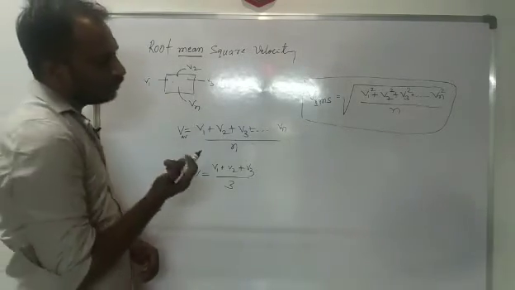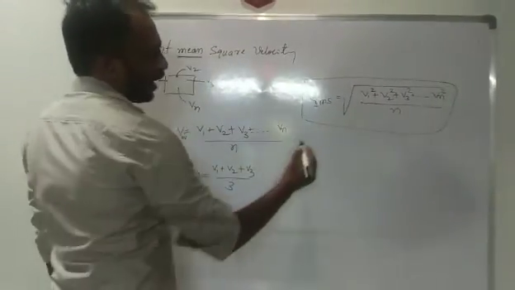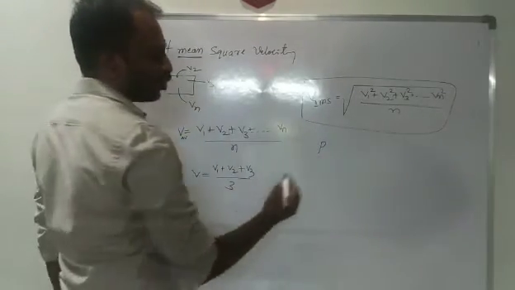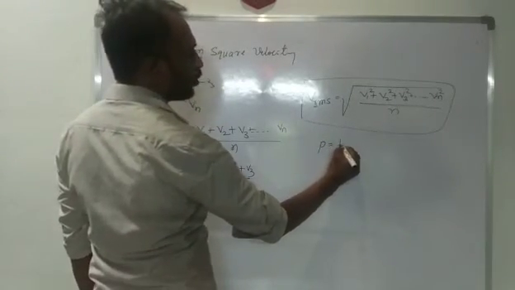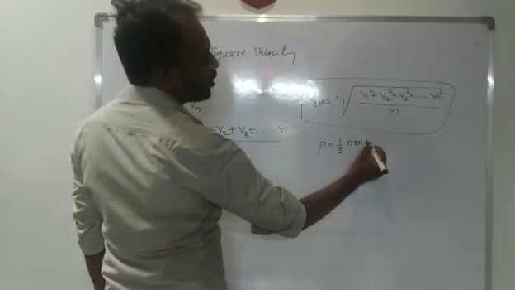Okay, so here pressure is related to RMS velocity. Here we consider the pressure exerted by gas molecules in a container: P is equal to 1/3 N m v bar square.